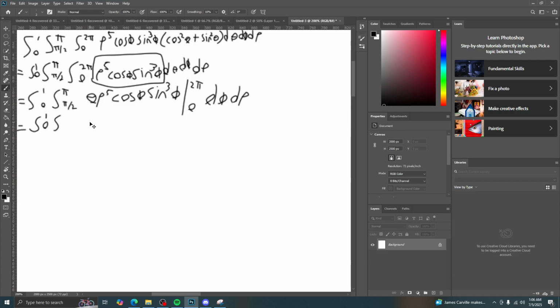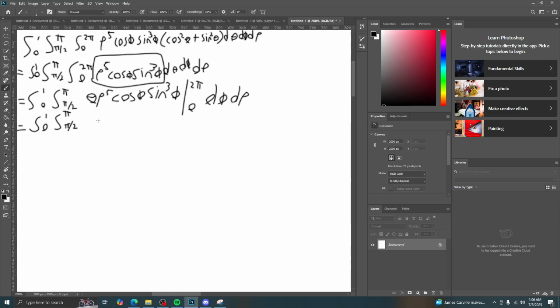Actually, I said I'm going to move the rho to its integral, but we'll wait to do that. At some point, I probably will move the rho because it's a little bit in the way. Not really, but I feel that way about it.